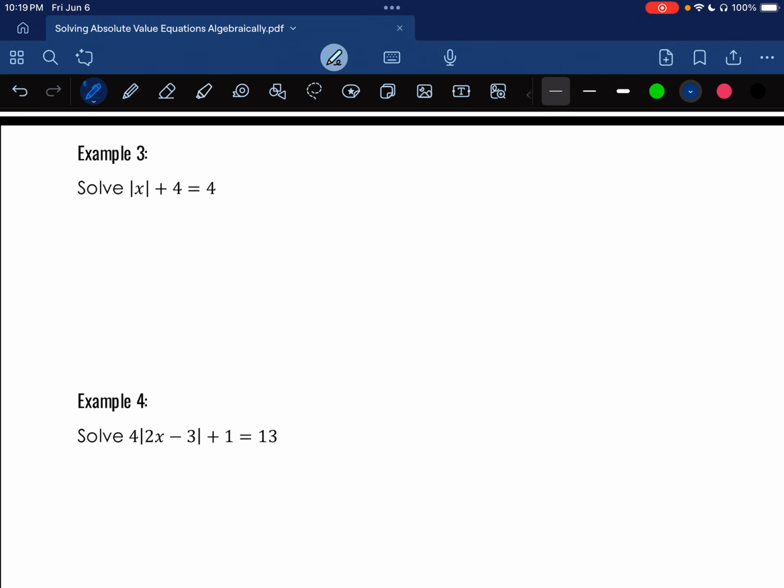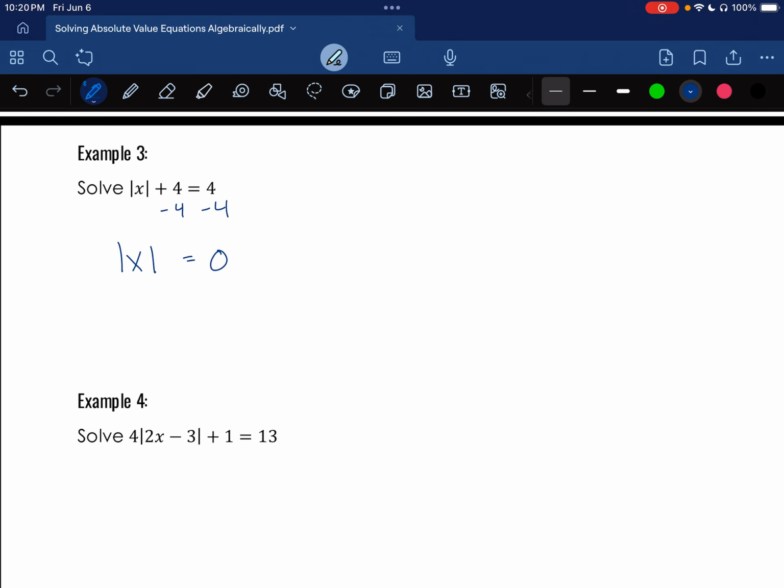All right, so what happens with this one? We're going to subtract 4 from both sides, right? We're working on isolating the absolute value. We got the absolute value of x is equal to 0. Well, let's think about if I were to set up related equations here. 0 is itself, it's not negative, so I can't set up related equations here.